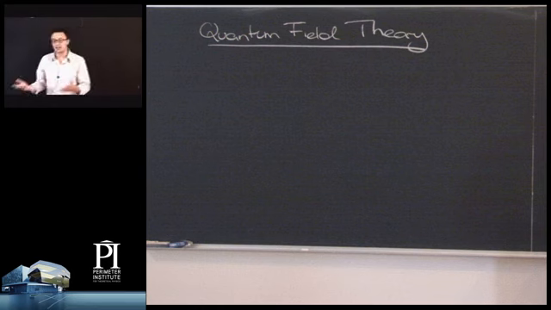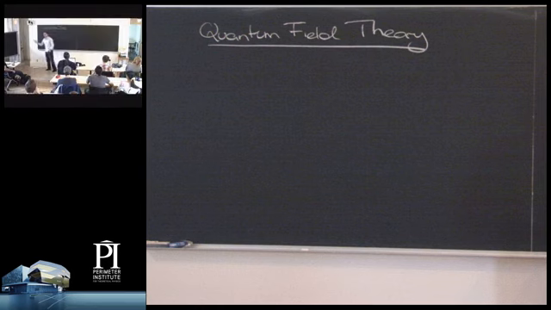So for the electromagnetic field, that's what we call a photon. But now we're in a situation where we have to start introducing new fields for all the other particles that we know of in the universe. So we should introduce an electron field, and a quark field, and a W boson field, and a gluon field, and a neutrino field, and so on and so on. So that's the basic premise of quantum fields.